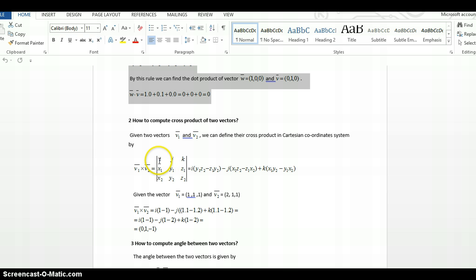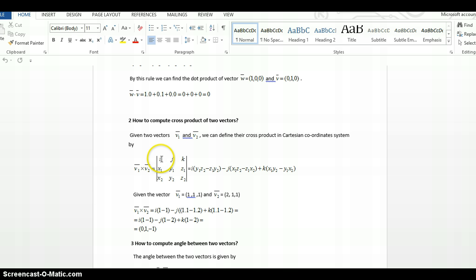So in essence, what I'm saying is, we first say this i is like using i to expand the product of y1 times z2 minus z1 times y2. And then the second is minus.